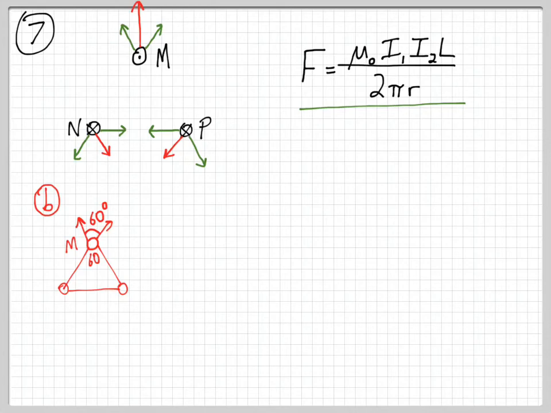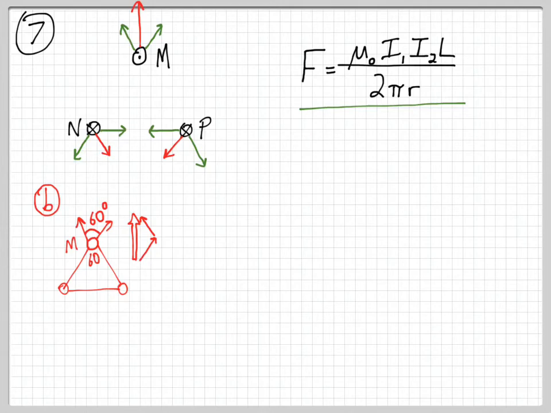So there's a few different ways that you could find the net force on that wire. One thing you could do is to think about adding the vectors graphically this way. Those are the two separate forces, and if I add them together, I'm going to get this force.